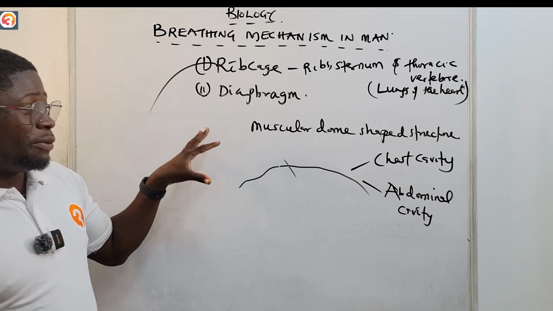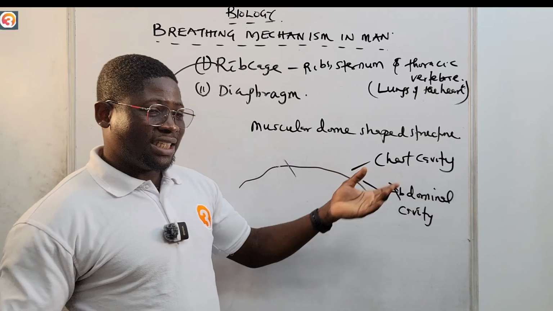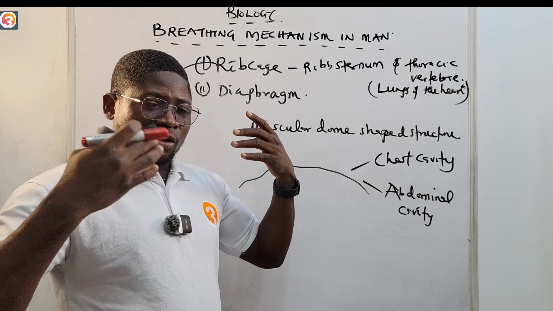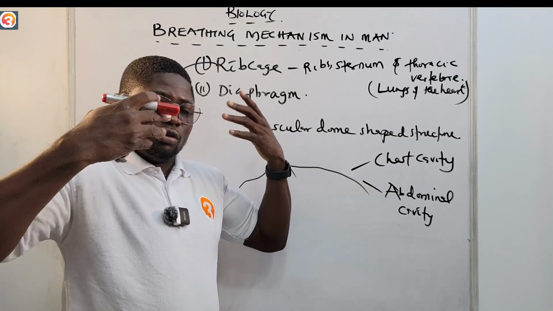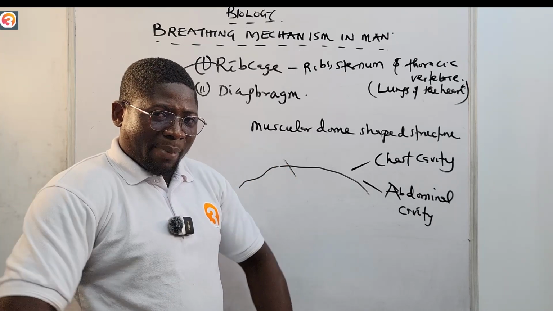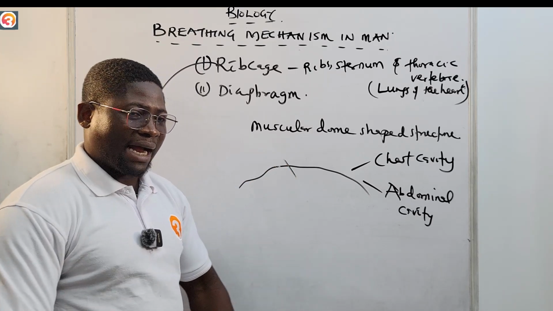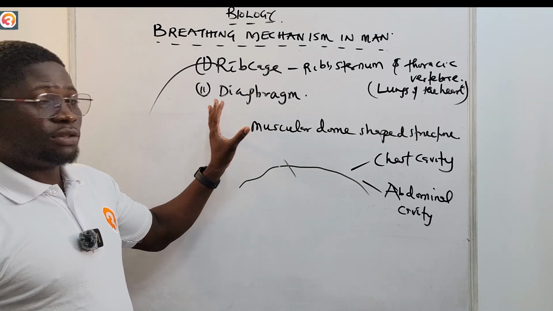The diaphragm separates the chest cavity from the abdominal cavity. In the chest cavity, the upper part, you have your heart and your lungs. In the lower part, the abdominal part, you have your small intestine and your large intestine. That's what the diaphragm does.